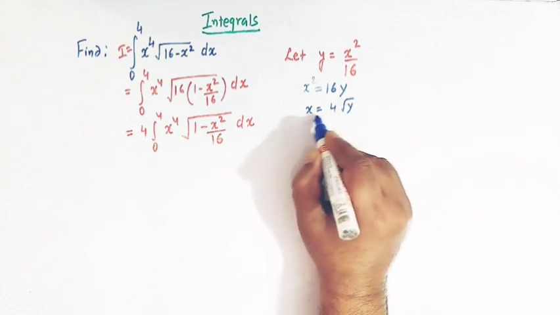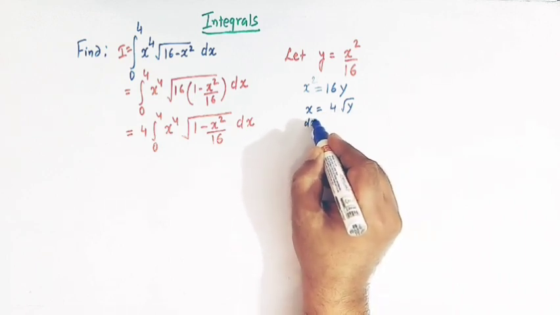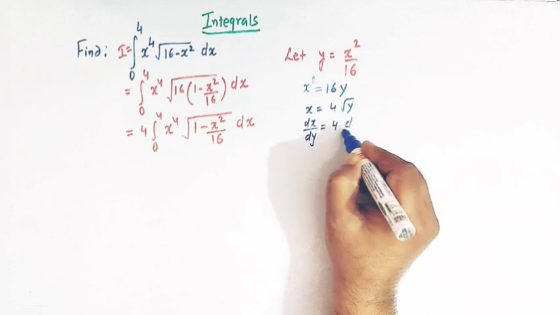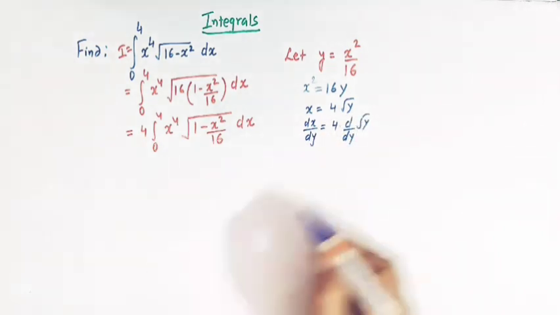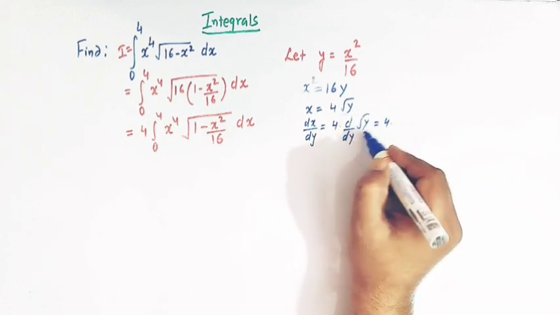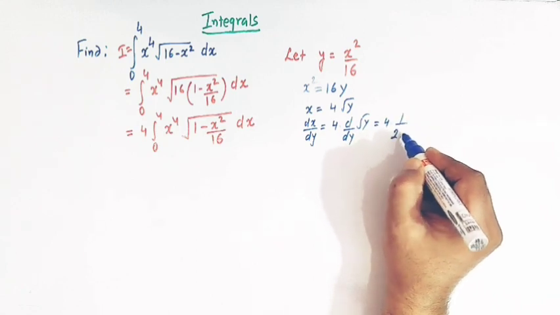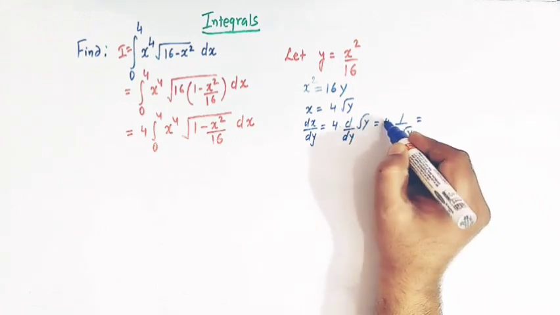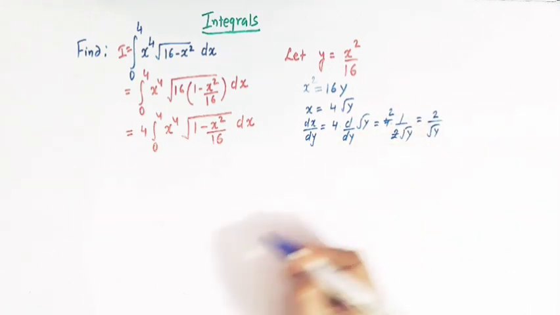Okay, now let us differentiate both sides with respect to y. So we have dx over dy is equal to 4 times the derivative of square root of y with respect to y, right? The derivative of square root of y is 1 over 2 times square root of y, right? So 2 2s are 4, so we have 2 over square root of y, right?